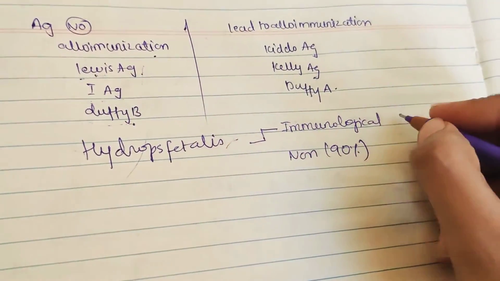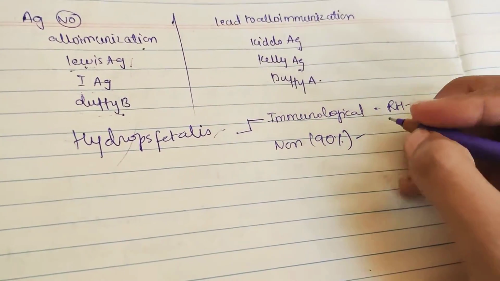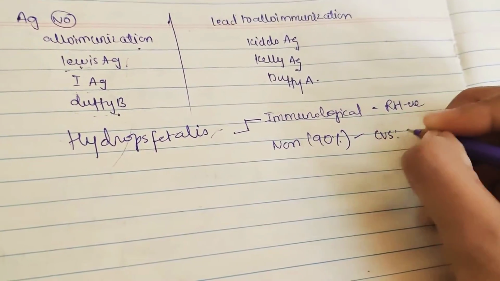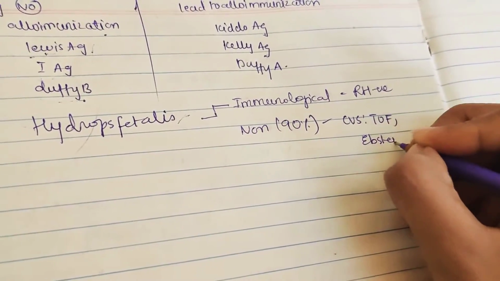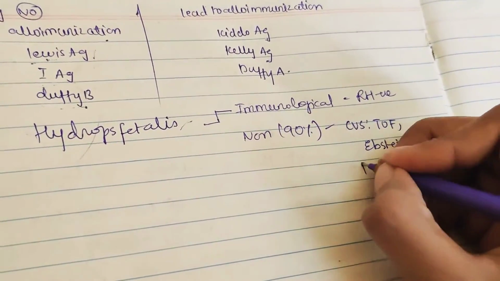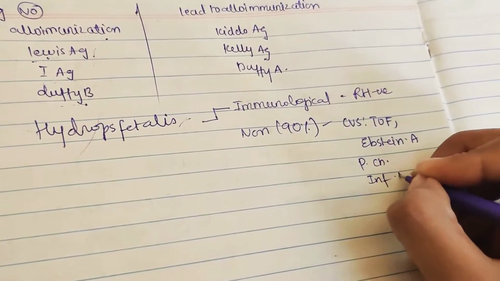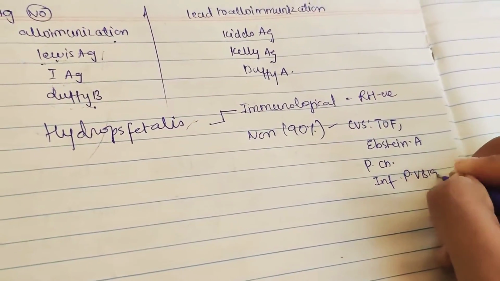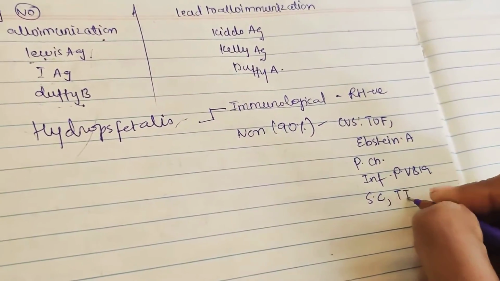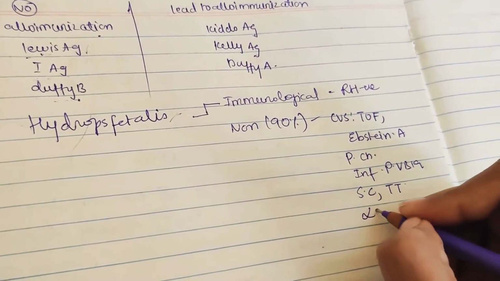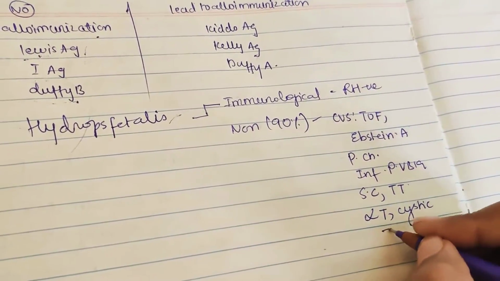In immunological you have Rh negative pregnancy, and in non-immunological you have cardiovascular causes like tetralogy of Fallot, Ebstein anomaly, placental chorioangioma, infections like parvovirus B19, sacrococcygeal teratoma, twin to twin transfusion syndrome, alpha thalassemia, cystic hygroma, and Turner syndrome.